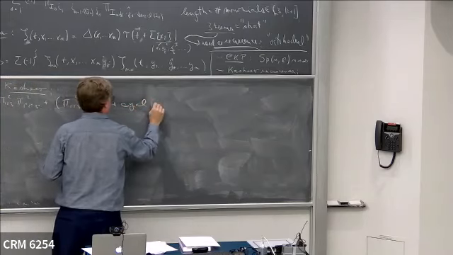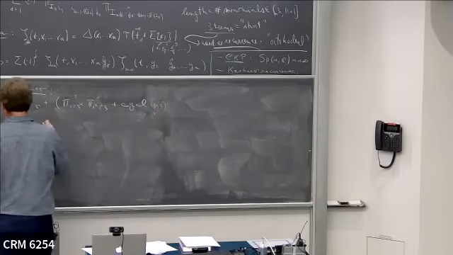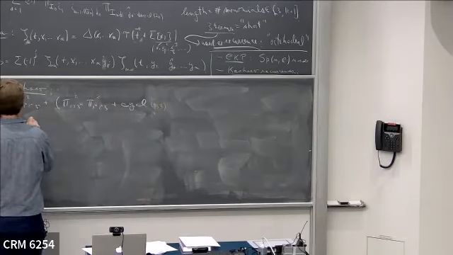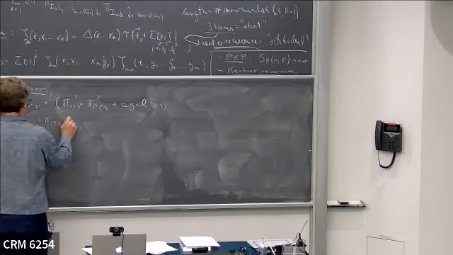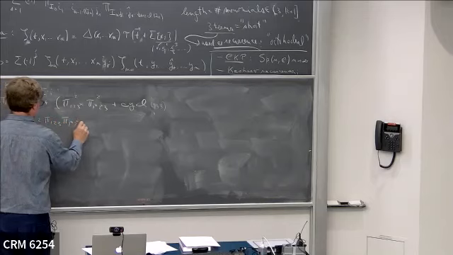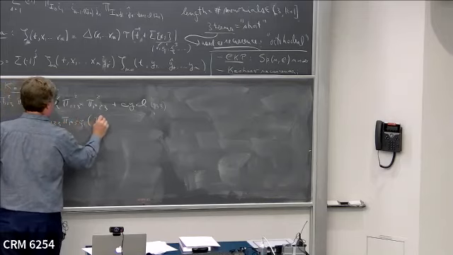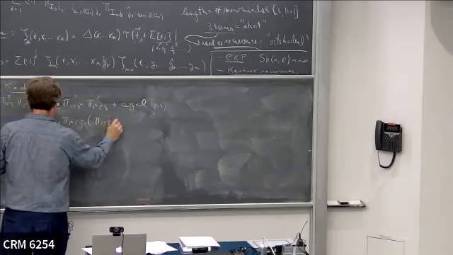So there are 3 terms here. Is equal to 2 pi 1,2,3 pi 1 star 2 star 3 star pi 1,2,3 star.